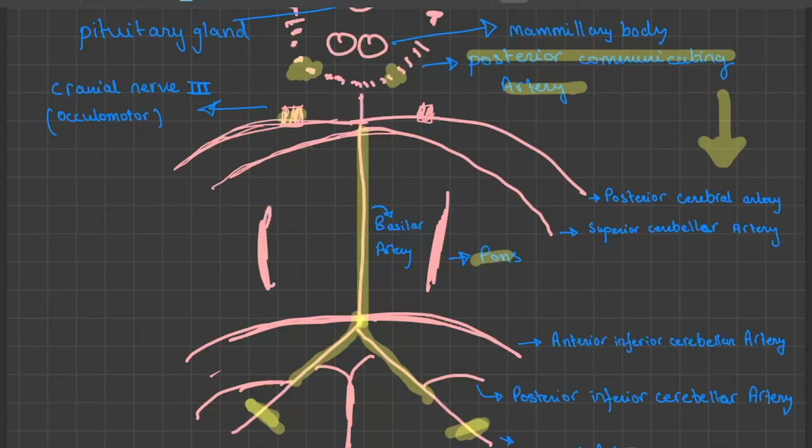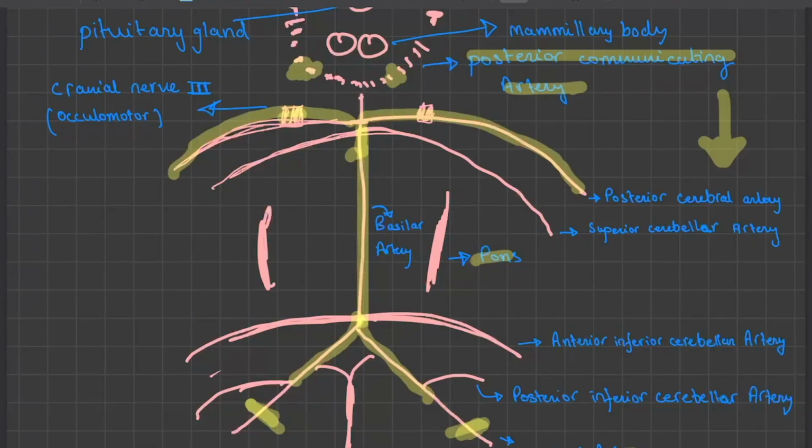And the basilar artery is formed by the union of the two vertebral arteries, as I've just said, and it divides into the posterior cerebral arteries. So at the end of it, the basilar artery gives rise to two posterior cerebral arteries right over here, okay?